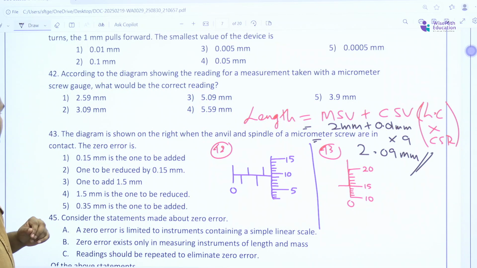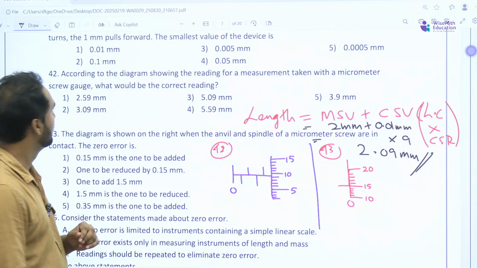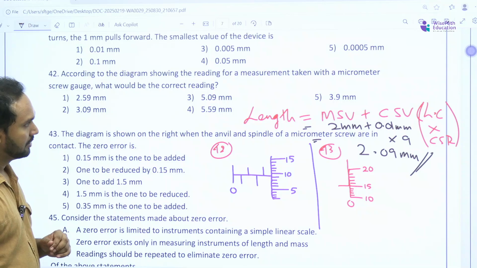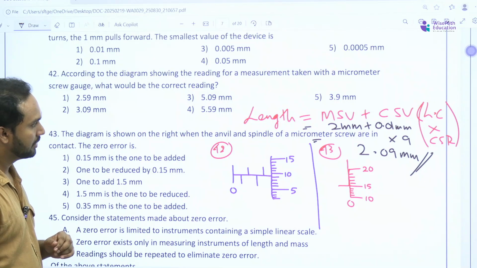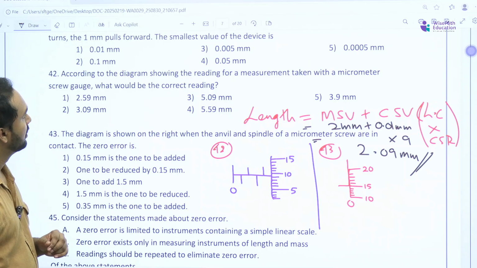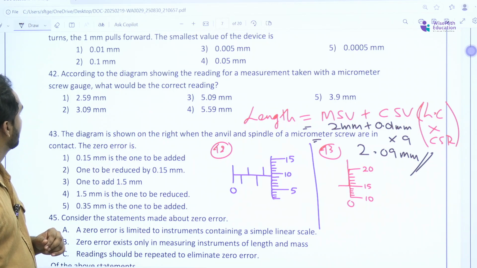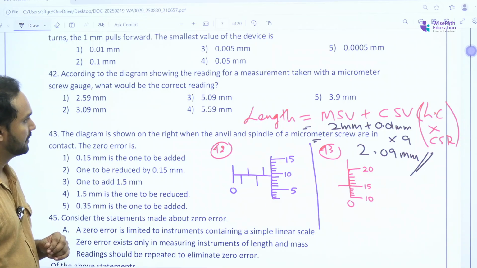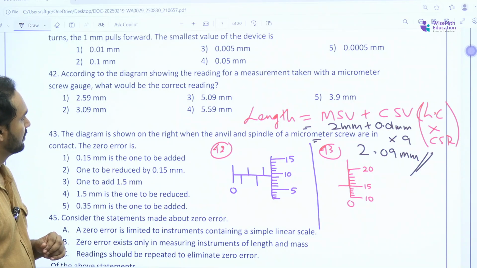So the answer is not there, is it? Did I write it correctly? Yeah, right? That is 2.5.